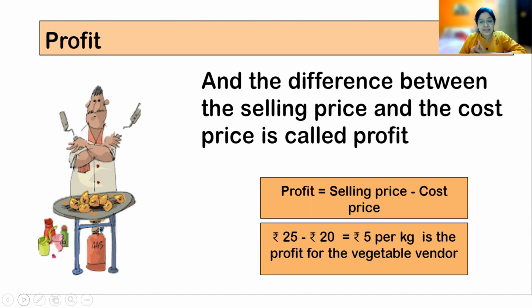Profit is basically the difference between the selling price and the cost price. Profit is equal to selling price minus cost price. In this scenario, it's 25 minus 20, which is rupees 5 per kg, the profit for the vegetable vendor.